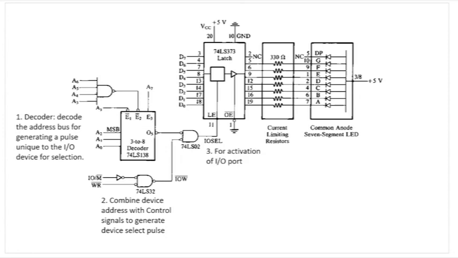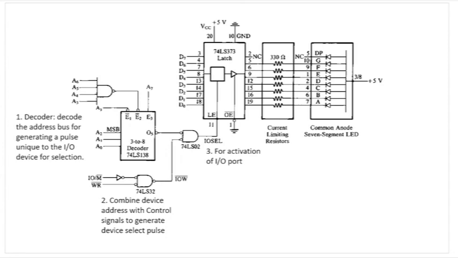Once we have that, for activation of the IO port we use the latch 74LS373, so that the data bus is connected to the 7-segment LED.